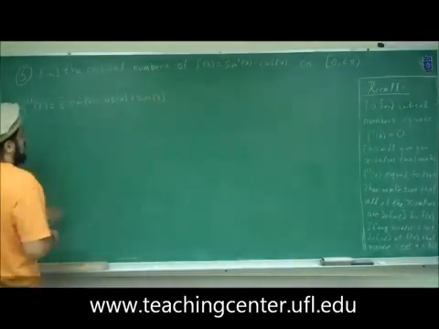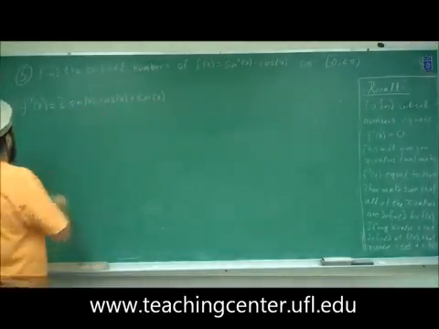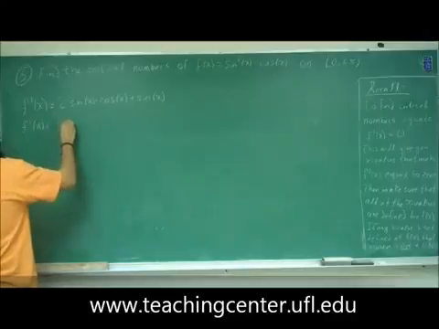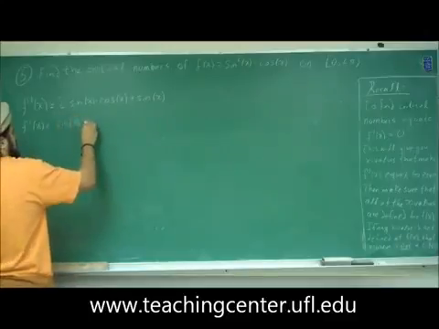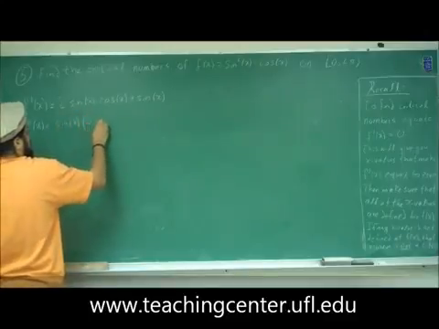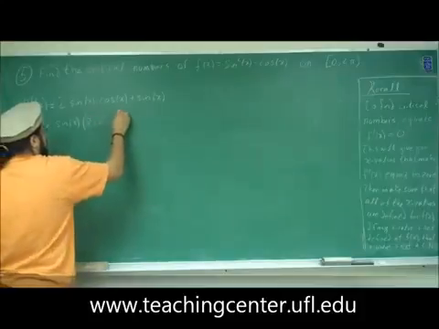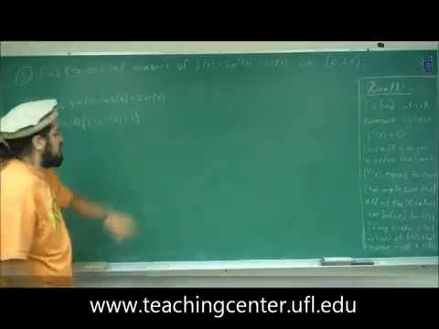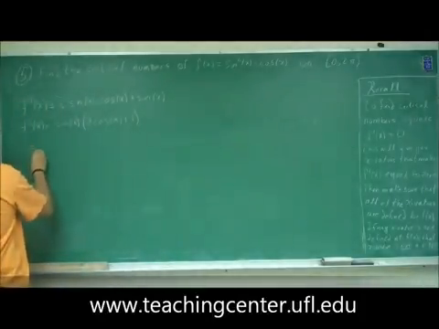Alright, we can go ahead and factor out the sine. So f prime of x is equal to sine x times 2 cosine x plus 1. Now we need to equate this to 0, so set that equal to 0.